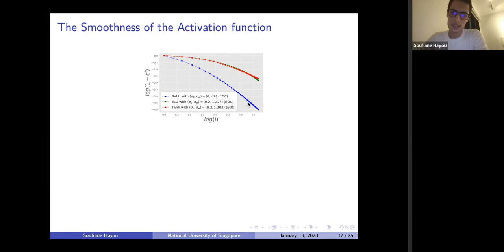Here you can see that indeed there is a polynomial kind of rate, so it becomes almost linear here. But with ReLU, you can see that the polynomial rate is larger than the polynomial rates with smooth activation functions like ELU and hyperbolic tangent. These are real networks, and this is a graph with different simulations.